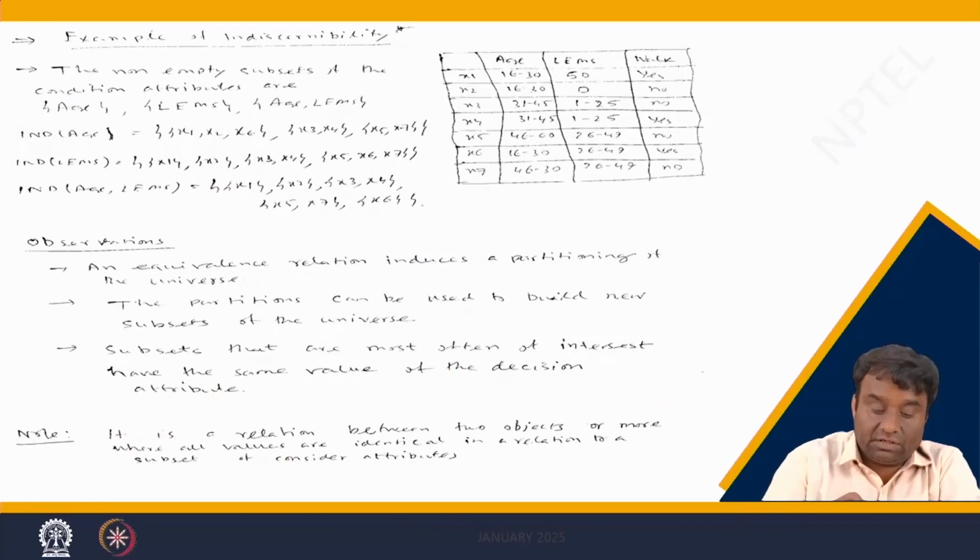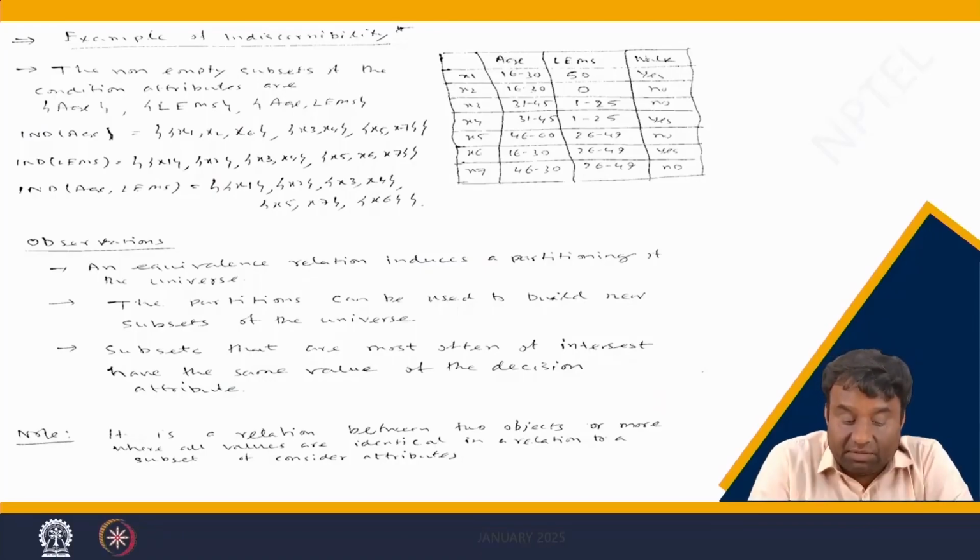So now try to understand more on indiscernibility. Here there are 7 objects: x1, x2, x3, x4, x5, x6, x7. Age is 16 to 30 for x1, 16 to 30 for x2, 31 to 45 for x3, 31 to 45 for x4, 46 to 60 for x5, 16 to 30 for x6, and 16 to 30 for x7.